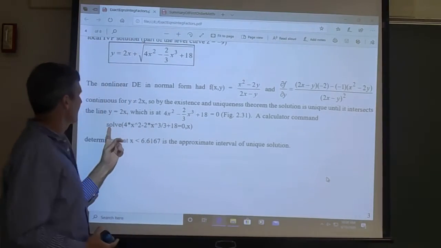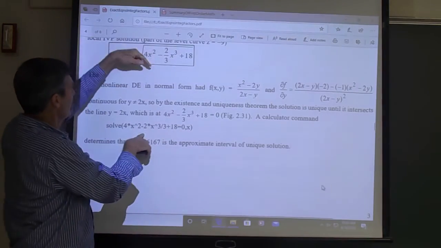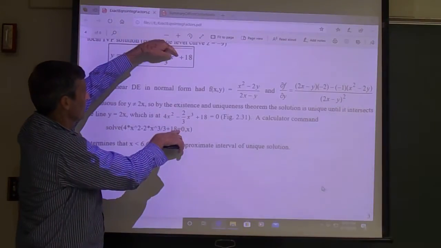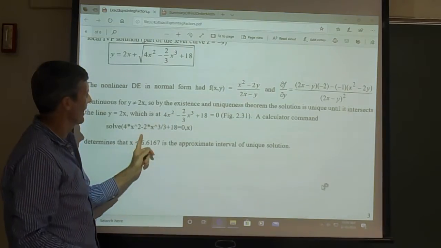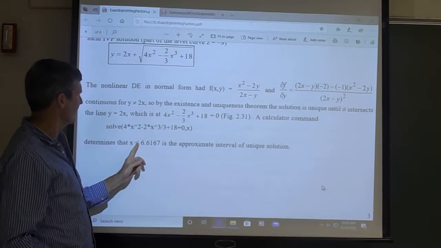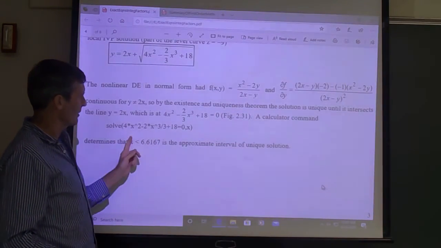You can go on your calculator and use the solve command. Solve 4 times x squared minus 2 times x cubed plus 18, this is on a TI-89 calculator, equals 0, comma x. This solves this equation in x with respect to x. And you find out that x equals 6.6167 is where this is equal to 0.